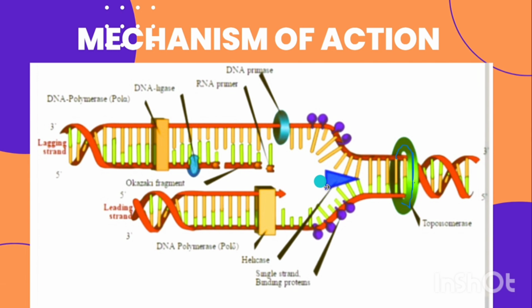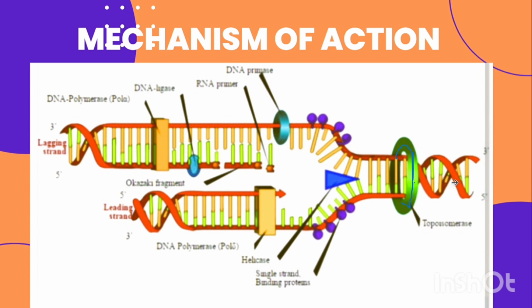The point where the uncoiling moves towards is called the replication fork. When the replication fork is moving forward, the part of the double helical structure ahead of it gets into a supercoiled form.